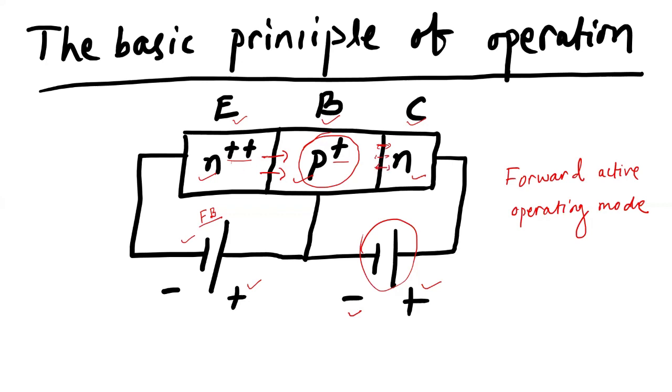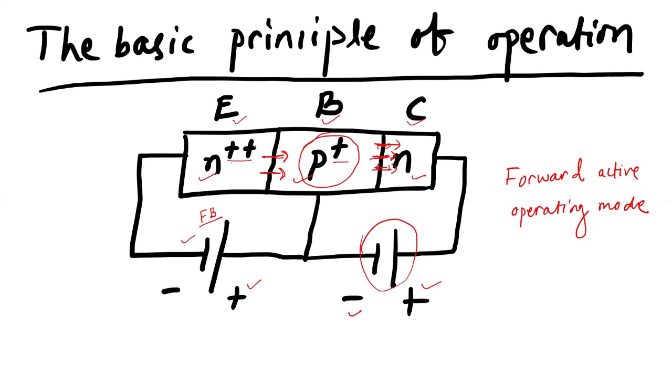But here you got more number of electrons getting injected from the emitter to the base region, increasing the minority carrier electron concentration in the base region, right? So this creates a large gradient. So the large gradient in the electron concentration means that the electrons injected from the emitter will diffuse across the base region into the BC space charge region now. Okay, and then it will move into the collector.